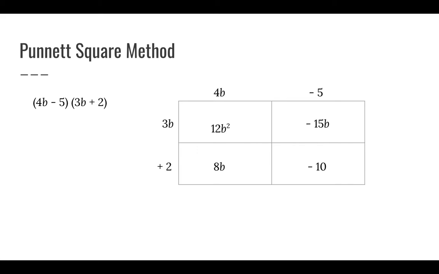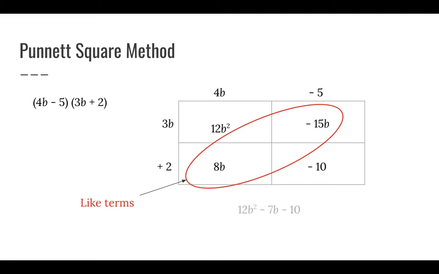And typically what happens for our like terms here is that this diagonal right here will be our like term. So I'm going to combine those together, negative 15b and 8b, to give us the negative 7b in the middle, and the other two terms will go on the outsides. So a final answer of 12b squared minus 7b minus 10. And you have the option to use either method that you would like.